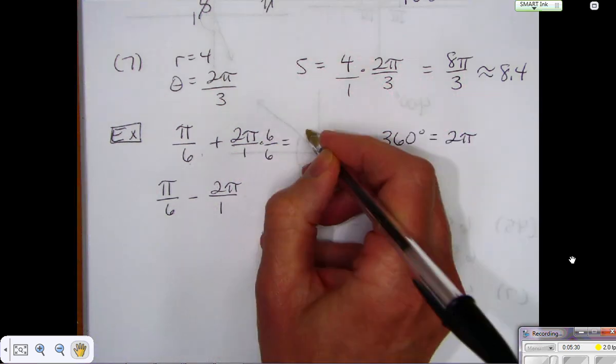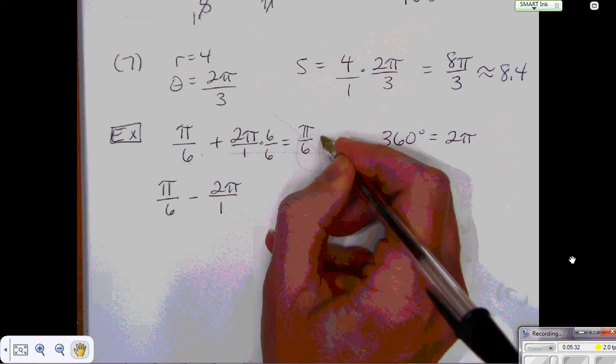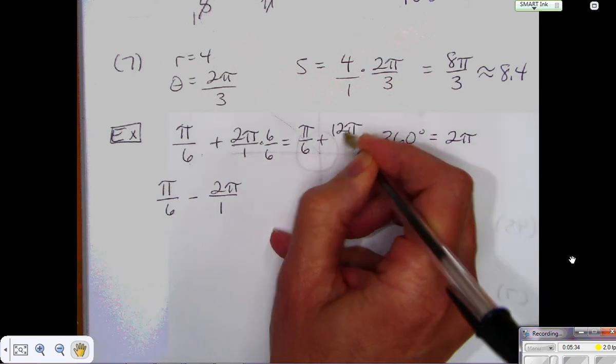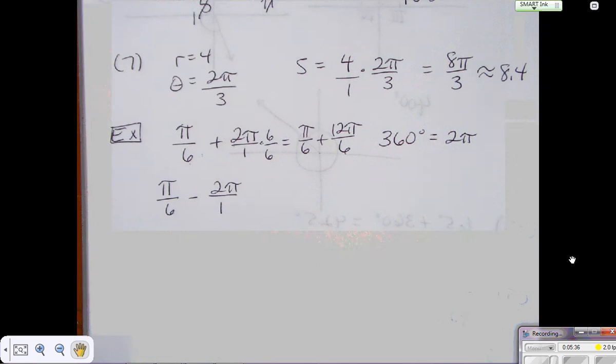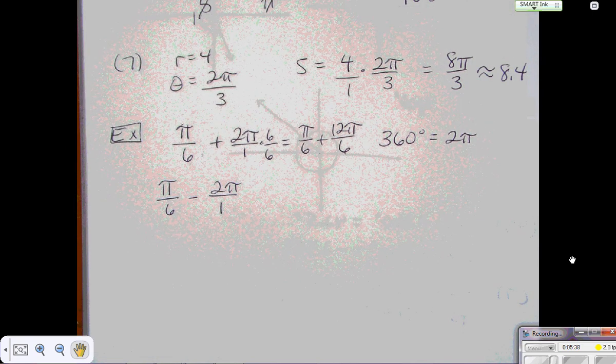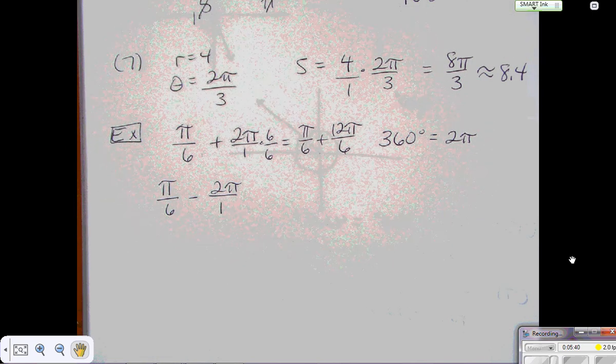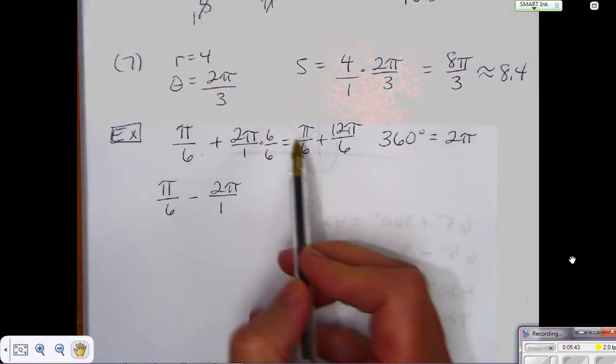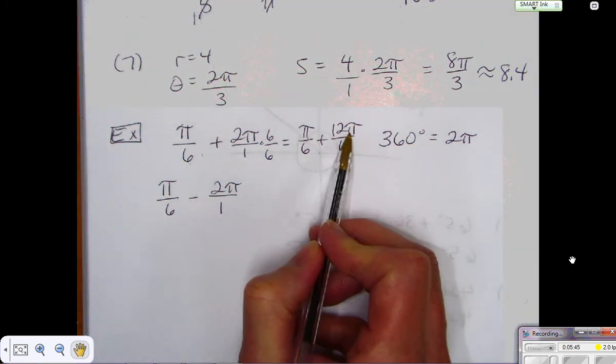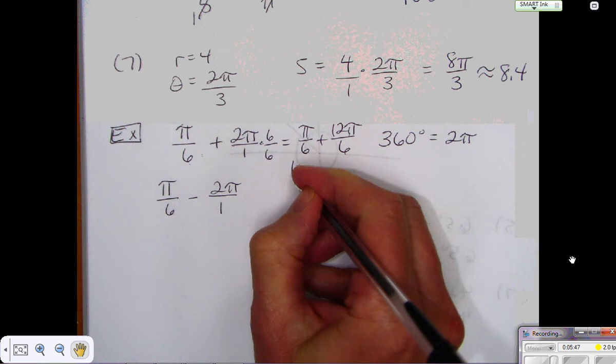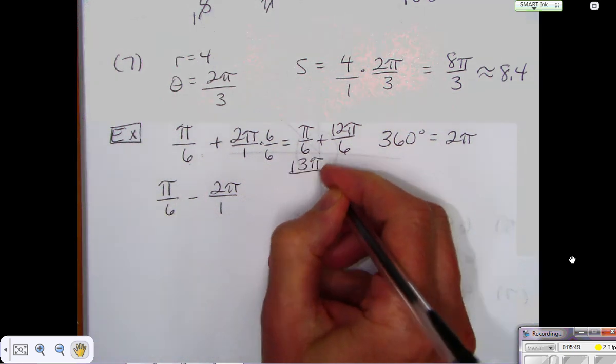So I have pi over 6 plus 12 pi over 6. Okay, and when you're adding pi's together, it's kind of like adding variables together. You're just counting how many you have. So if I have 1 pi plus 12 pi, I'll have 13 pi over 6.